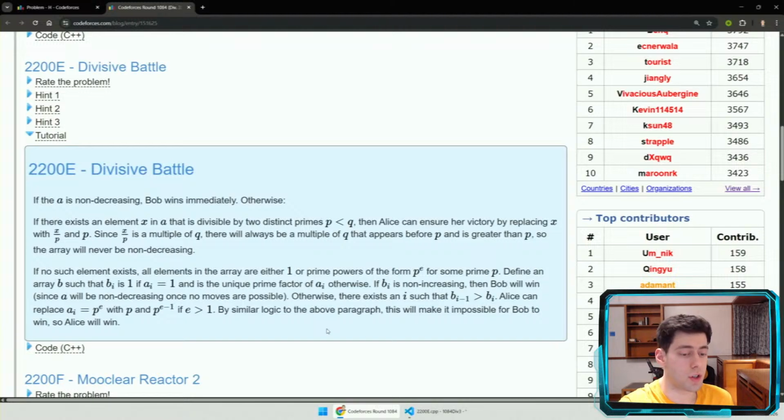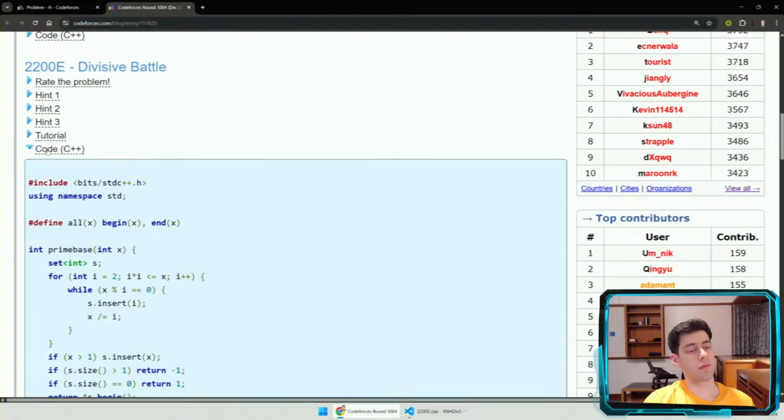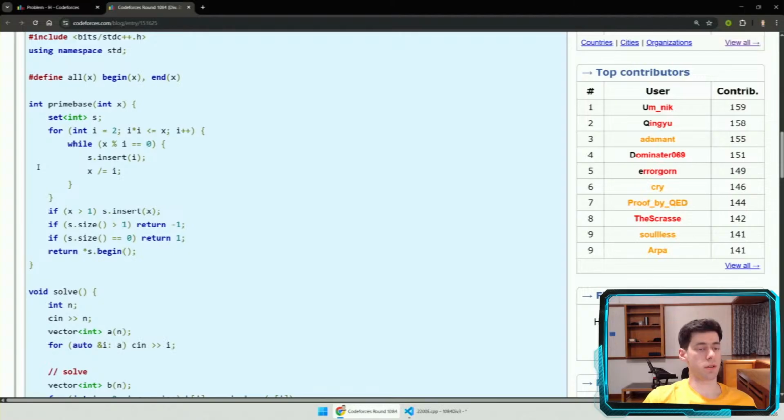Define array B such that B_i is 1 if A_i is 1, and is the unique prime factor otherwise. If B_i is non-increasing, then Bob will win. Otherwise, there exists an i such that B_i is less than B_{i+1}, and then Alice can win. Yeah, okay. How do they implement this? Prime base.